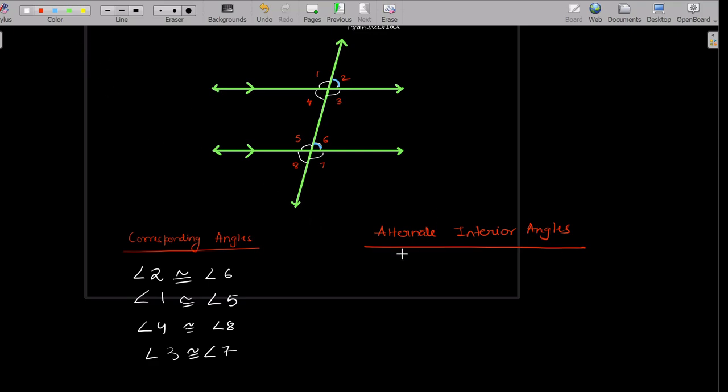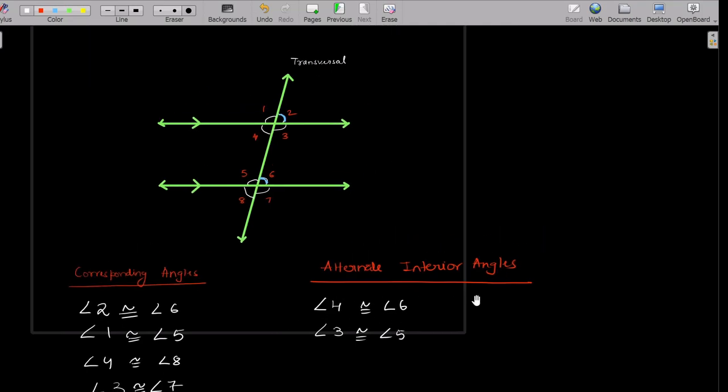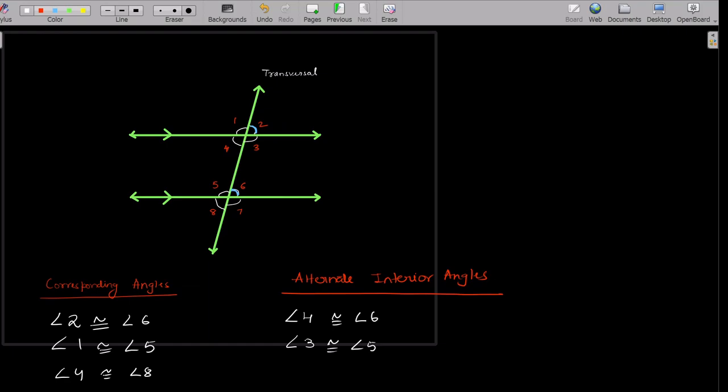4 and 6. 4 and 6 will be alternate interior angles. Any other pair? 3 and 5. Now the thing with alternate interior angles is, again, they will be congruent, and you will spot alternate interior angles whenever you have a Z-shaped figure. If you have a Z in which these two lines are parallel, then you will spot the alternate interior angles, which will be this one and this one.